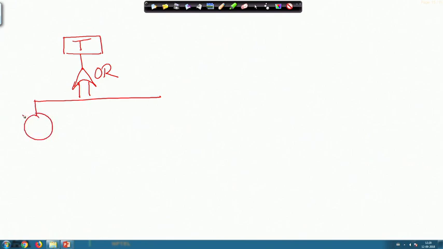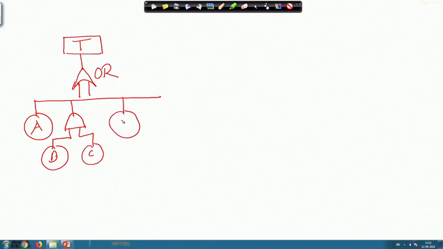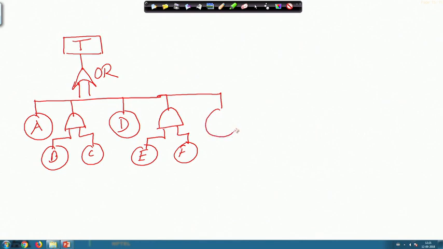Now, the basic event A is an input, then there is an AND gate and its basic events are B and C. Now, this is another basic event D, again another AND gate, with inputs E and F, and another basic event that is G.